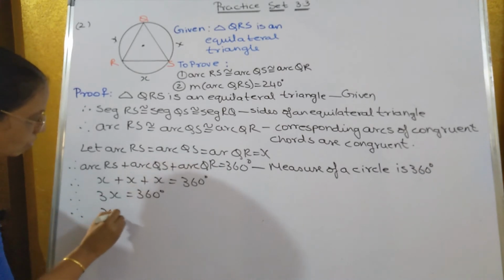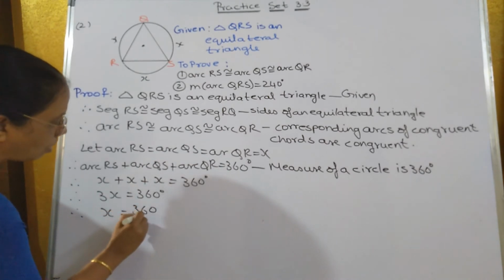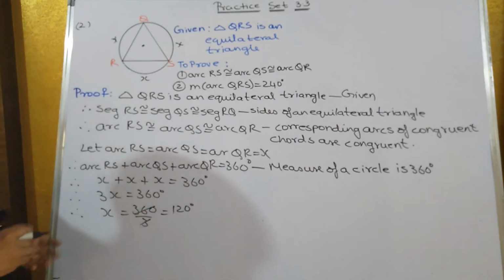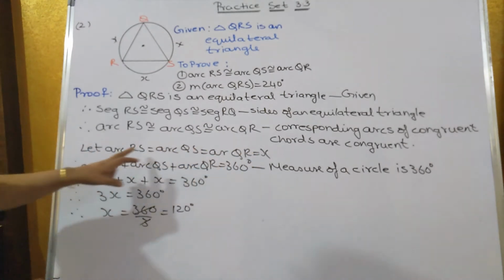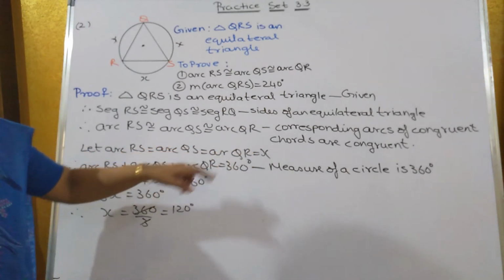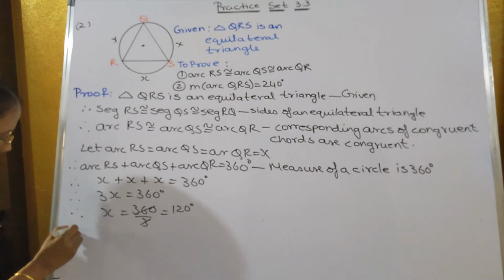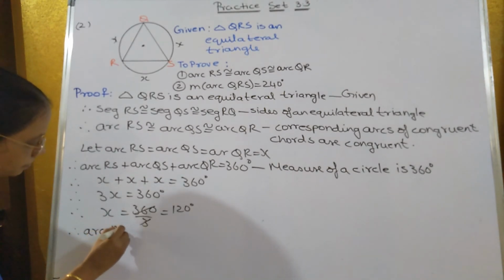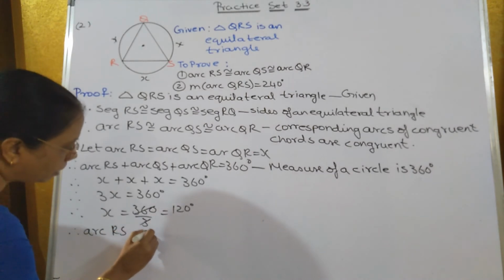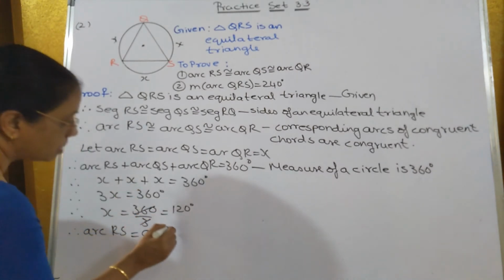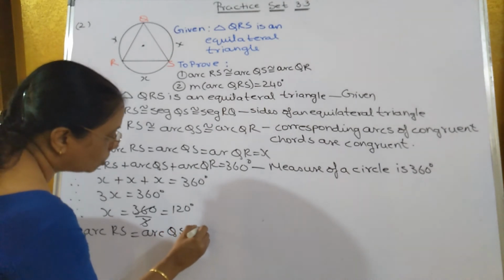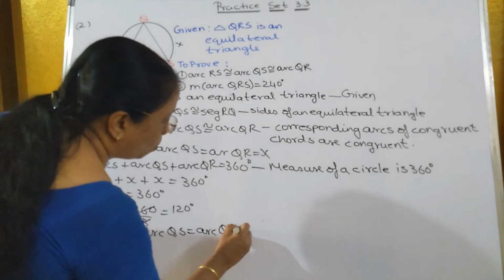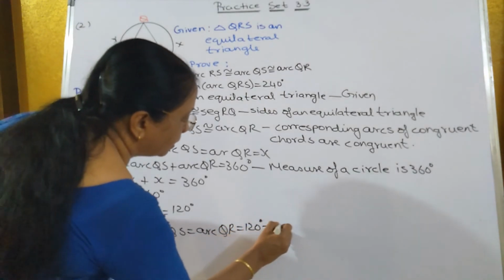Therefore x is equal to 360 upon 3. When you cancel this, you will get 120 degree. Now what is x? X is all the three, that is arc RS, arc QS and arc QR, all are equal. Therefore arc RS is equal to arc QS is equal to arc QR is equal to 120 degree. Let us take this as 1.